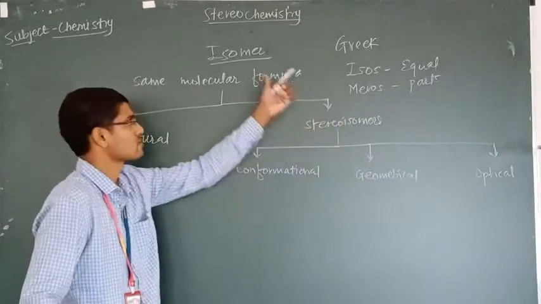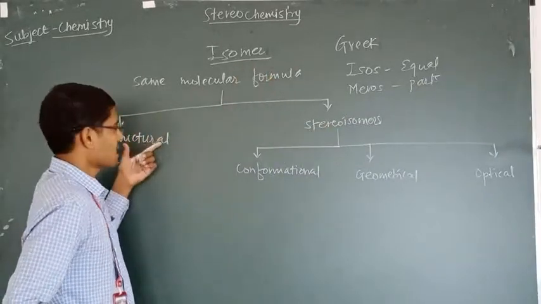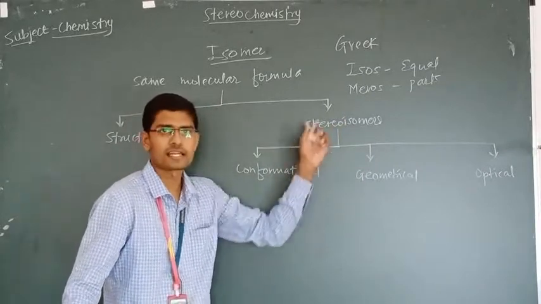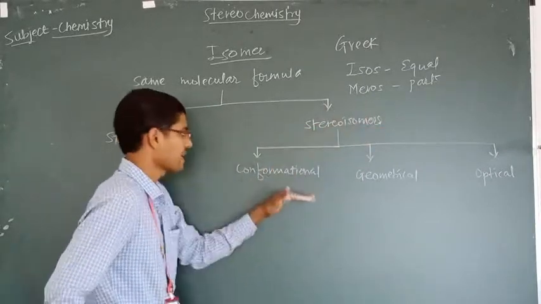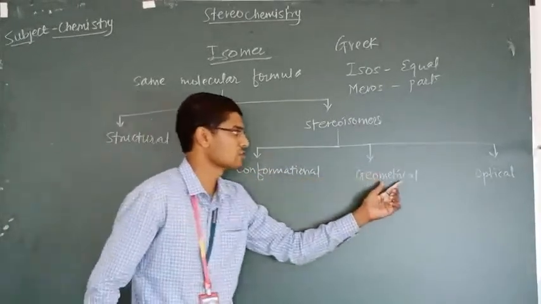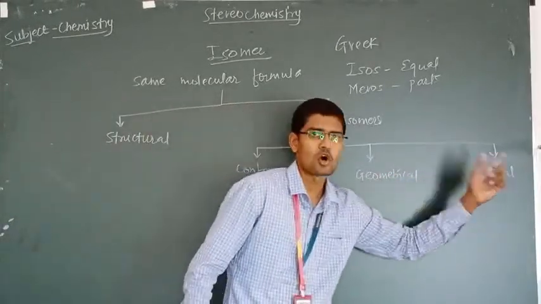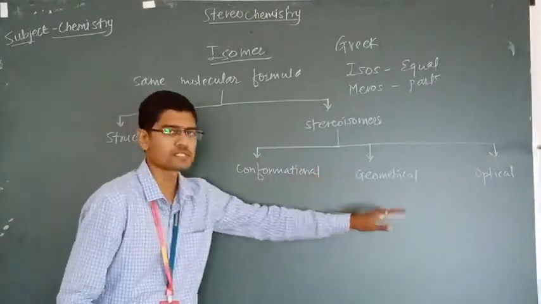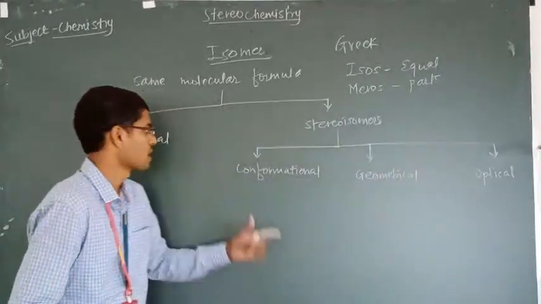Stereoisomers have the same molecular formula, same structural formula, but a different orientation in space. They are again categorized into 3 forms. One is conformational isomer, another is geometrical, and the last is optical. Let's see what conformational isomers are, what geometrical isomers are, and what optical isomers are.